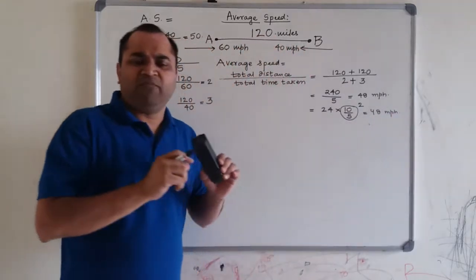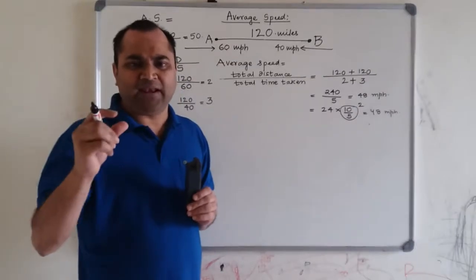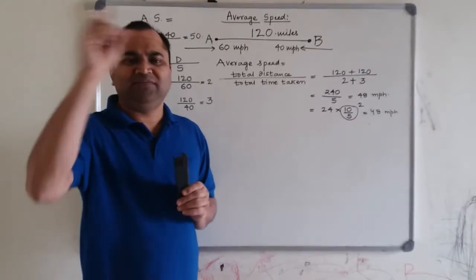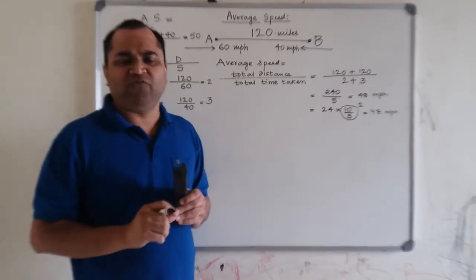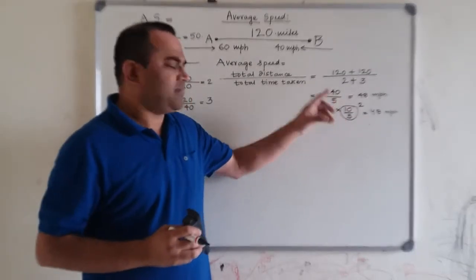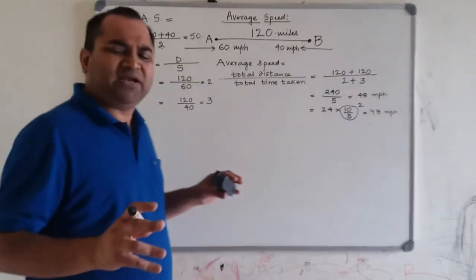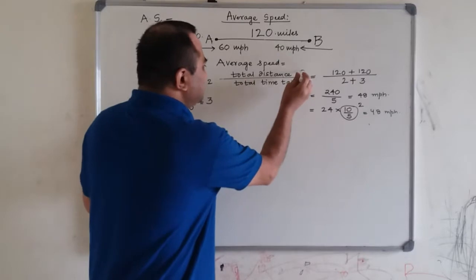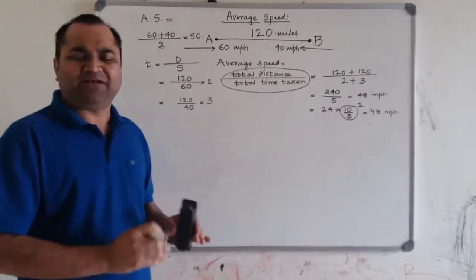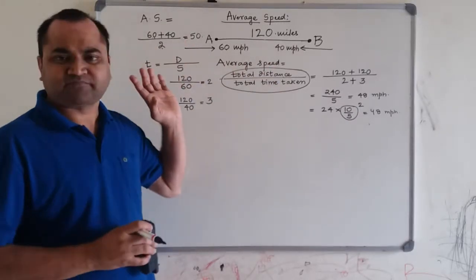So this way of splitting up 240 as 24 into 10 and in the mind calculating 10 by 5 as 2, that multiplied to 24 will give you 48. This way of finding the quotient 240 by 5 will add speed to you. So the average speed is 48 miles per hour, which is the proper value obtained from this formula, which is the correct method for finding average speed and not this one.